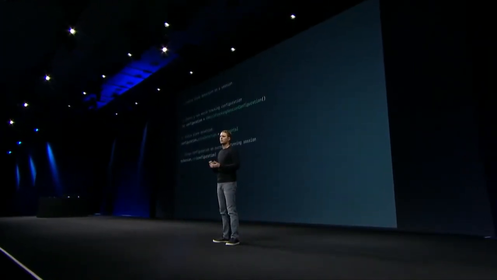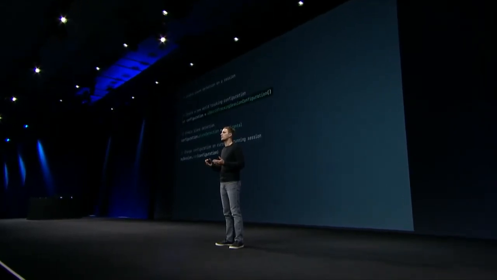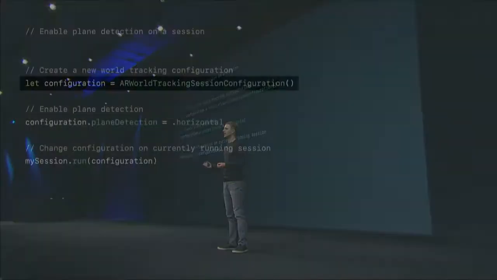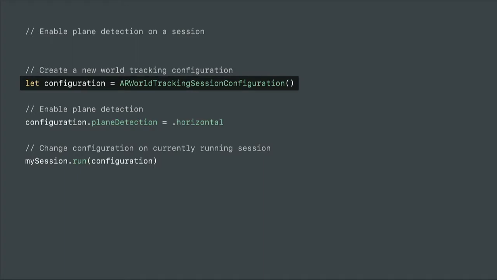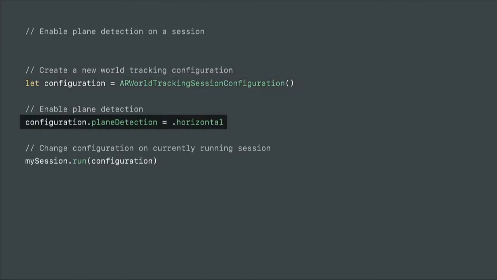The first thing we want to do is create an AR world tracking session configuration. And plane detection is a property you can set on an AR world tracking session configuration. So to enable plane detection, you simply set the plane detection property to horizontal. After that, you pass the configuration back to the AR session by calling the run method, and it will start detecting planes in your environment.